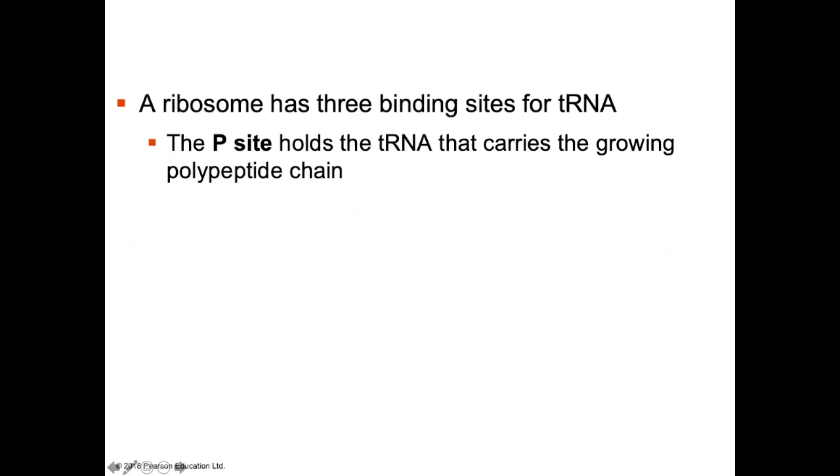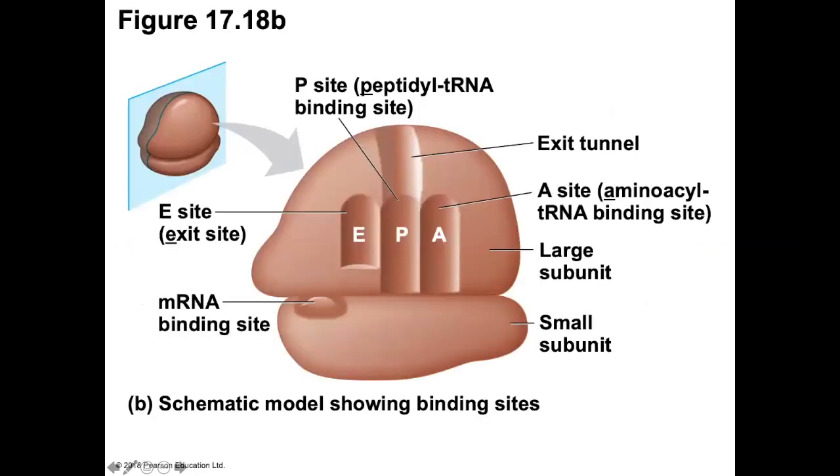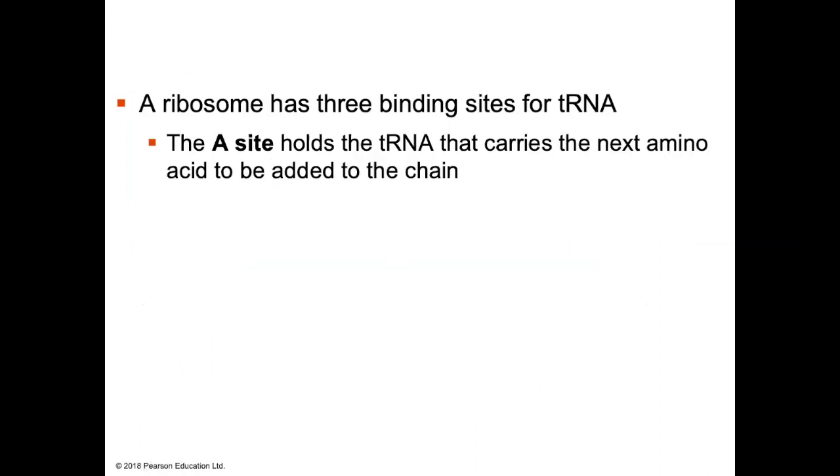So the ribosome has quote unquote imaginary parts. We have the P site, which holds the tRNA that carries the growing polypeptide chain. If this is the ribosome, we have here the P site, the peptidyl tRNA binding site, which holds the tRNA molecule. The next site in the ribosome is termed the A site, which holds the tRNA that carries the next amino acid to be added to the chain.